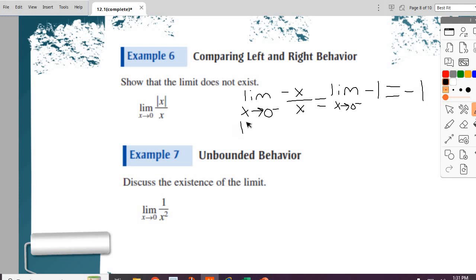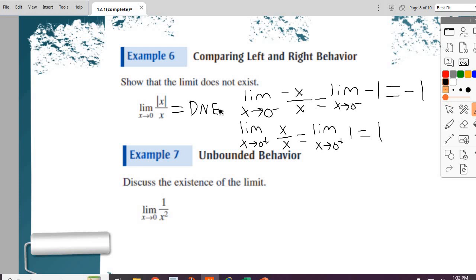However, on the flip side, from the right-hand side, which case do we want to choose for our absolute value? So x divided by x is just going to give us +1 this time. So are my left-handed limit and my right-handed limit equal to each other? No. So it does not exist.